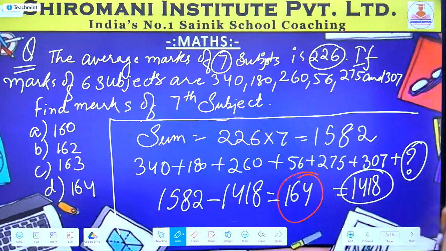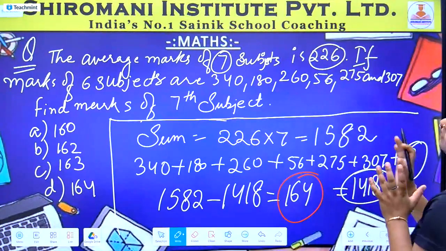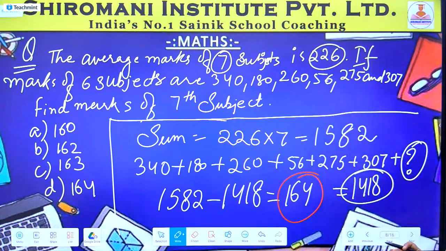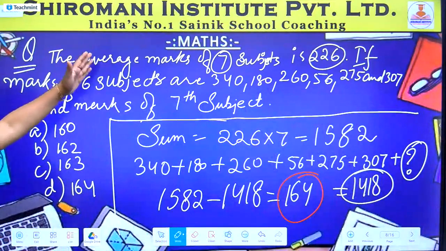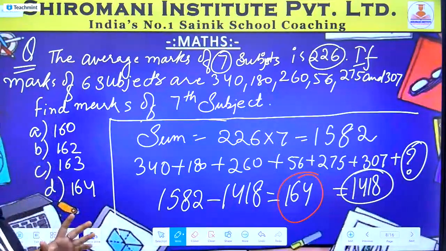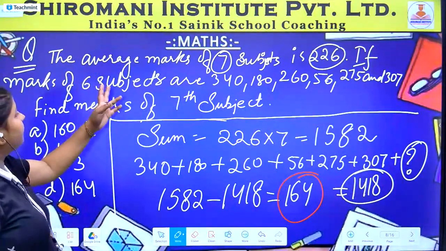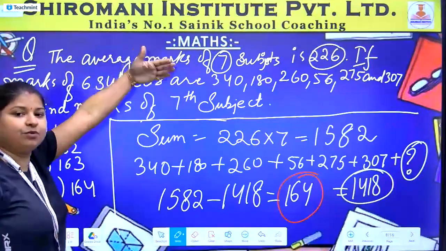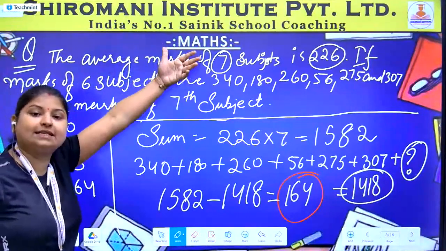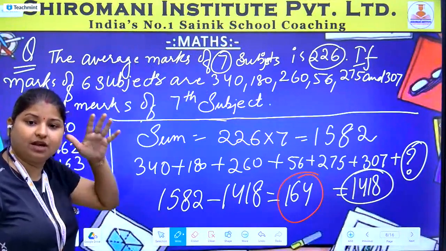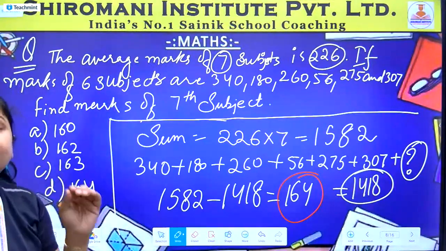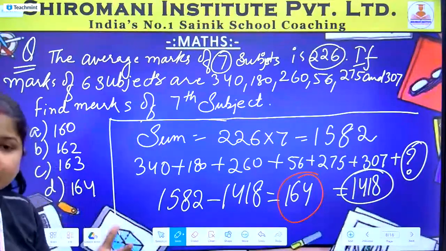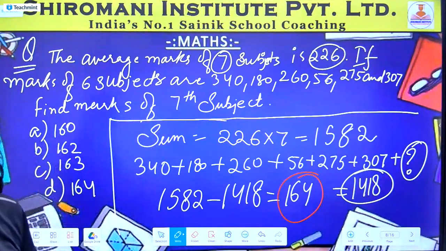I shall explain this once more, better. See, average marks of 7 subjects is given to us, right? I will stand this side so that you can easily copy. If marks of 6 subjects are 340, 180, 260, 56, 275 and 307, you have to find how many marks the student scored in the 7th subject.